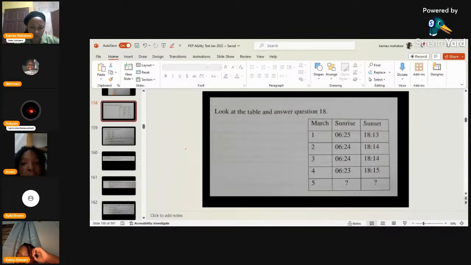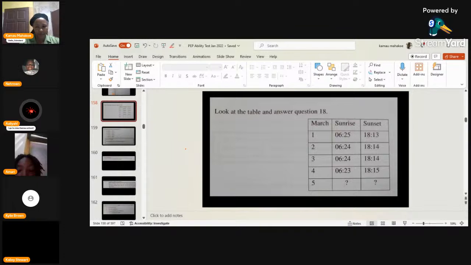March 3, sunrise 6:24, sunset 18:14. March 4, sunrise 6:23, sunset 18:15. March 5, sunrise, question mark, sunset, question mark.